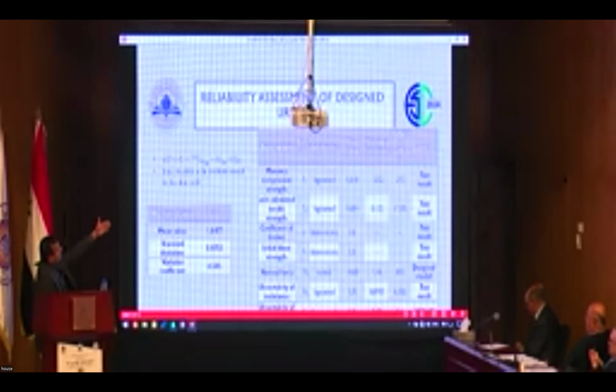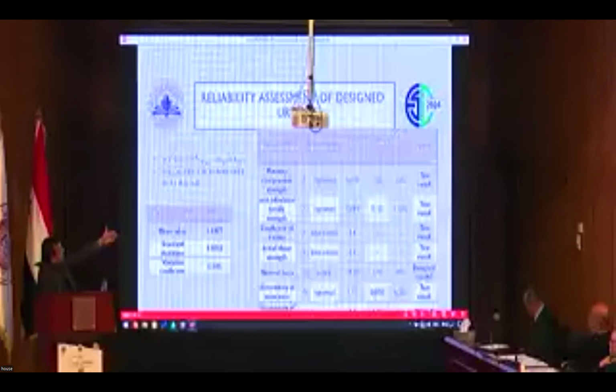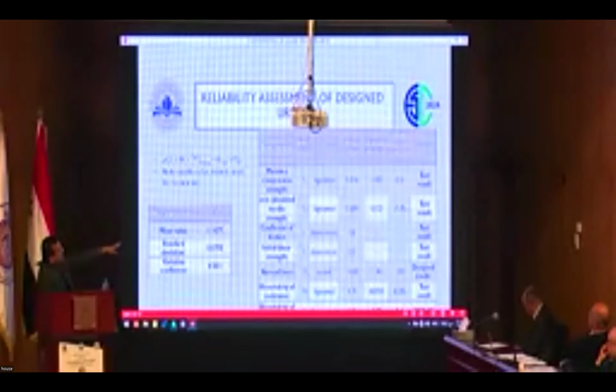For example, for masonry compressive strength, Fk, I used in this calculation a log normal function. The mean value and standard deviation come from tests. Unit tensile strength also comes from tests, but in a probabilistic manner.